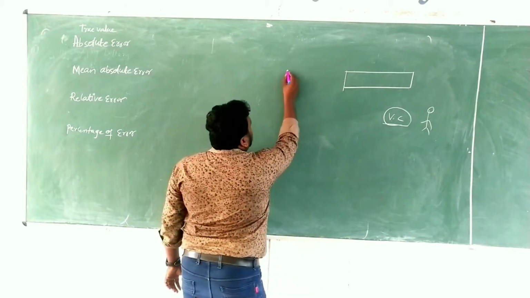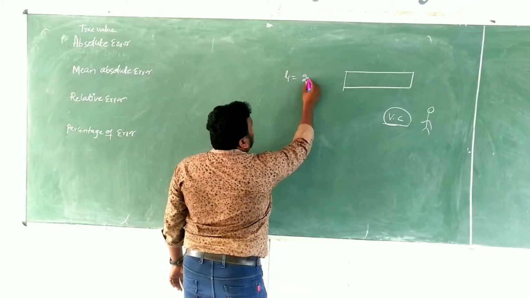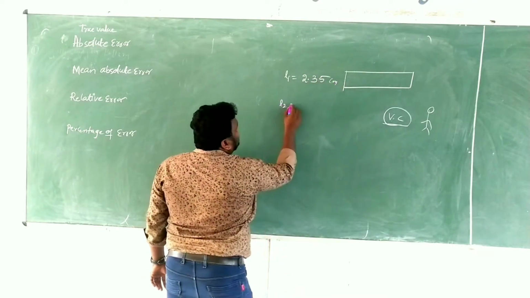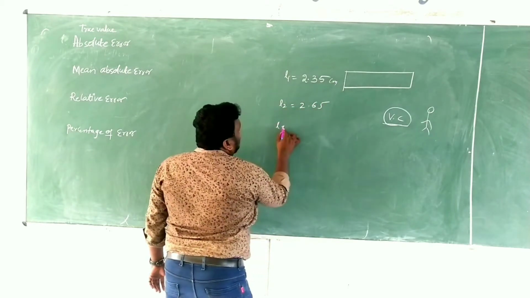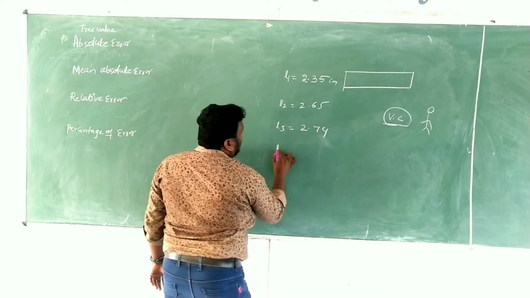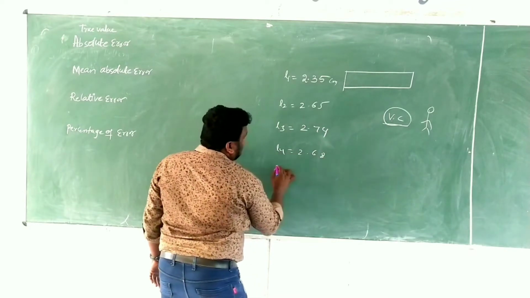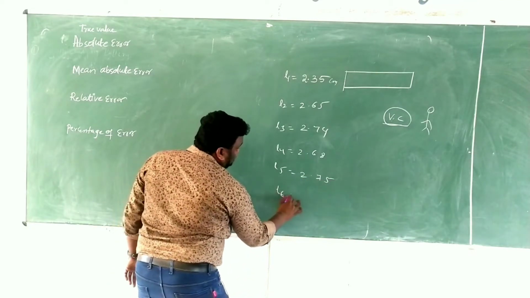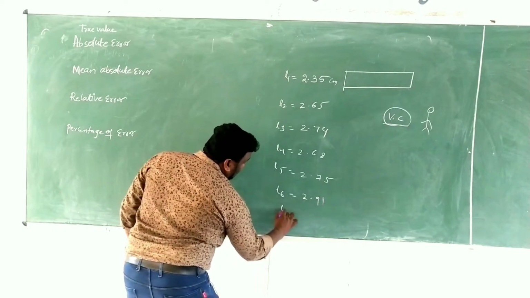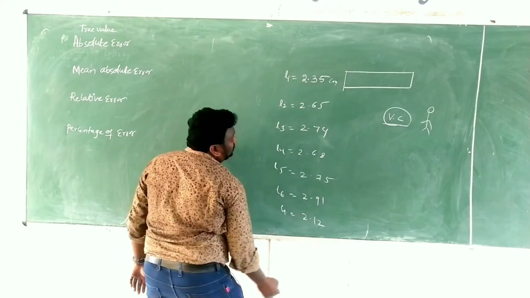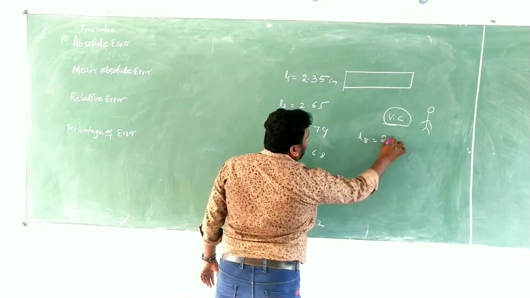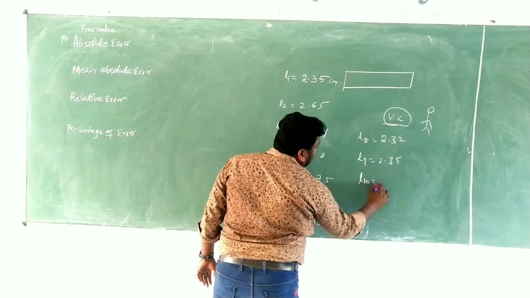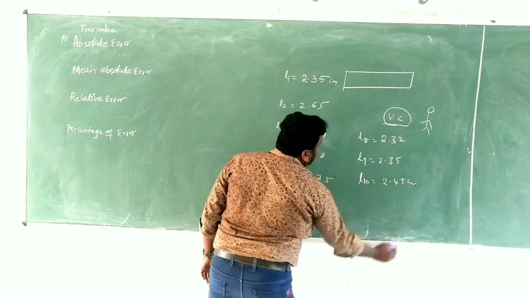They are like this. L1 is equal to 2.35 centimeters, L2 is equal to 2.65, L3 is equal to 2.74, L4 is equal to 2.68, L5 is equal to 2.75, L6 is equal to 2.91, L7 is equal to 2.12, L8 is equal to 2.32, L9 is equal to 2.35, and L10 is equal to 2.45 centimeters.